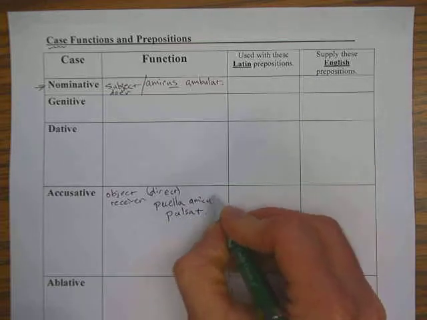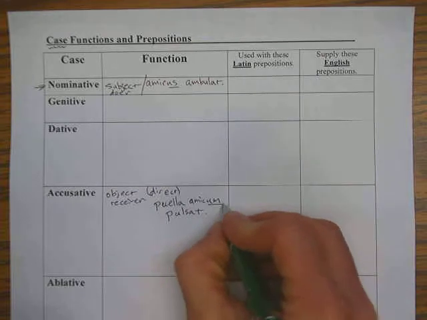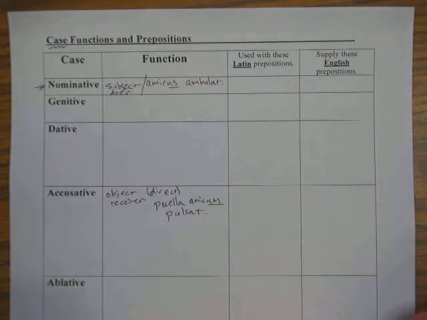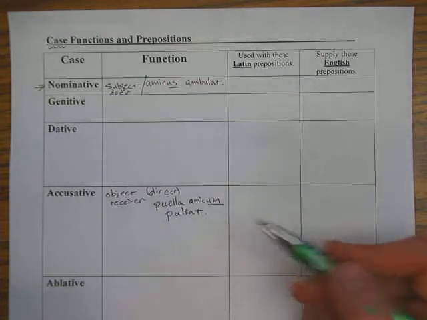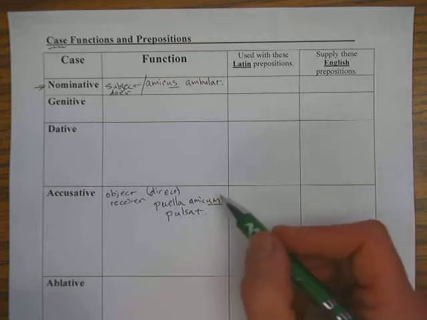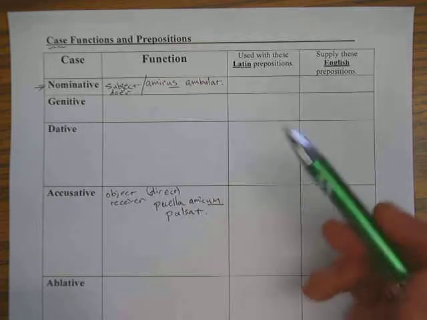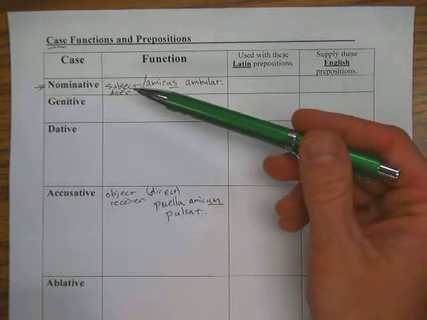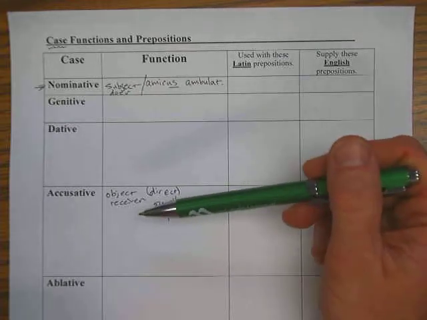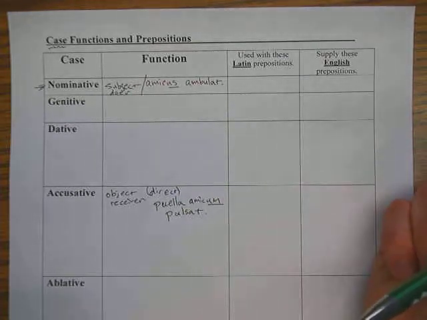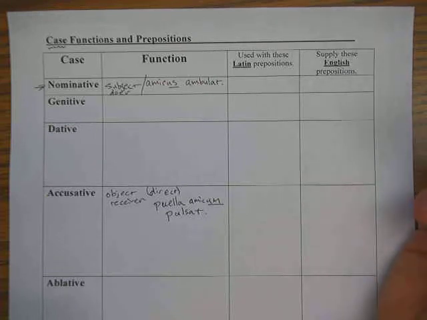Puella amicum pulsat, right? So now amicus, which was a subject there, is changed to amicum. It's an accusative. Different words in Latin are going to change their endings different ways, but the basic function of the nominative is doer, subject. The basic function of the accusative is an object or a receiver.